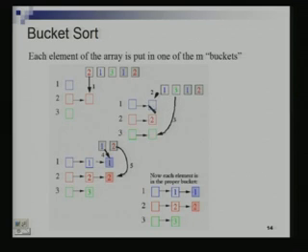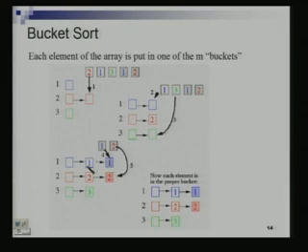Then I take the next number, it goes into bucket 1, so I put it here. The third number goes into bucket 3, I put it here. The fourth number goes into bucket 1, so I append it at the end of this list. End is important to maintain stability, right, and then I take this 2 and append it at the end, and now I will just read the numbers.